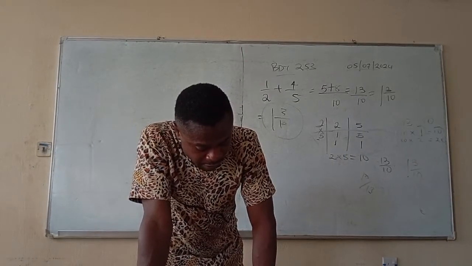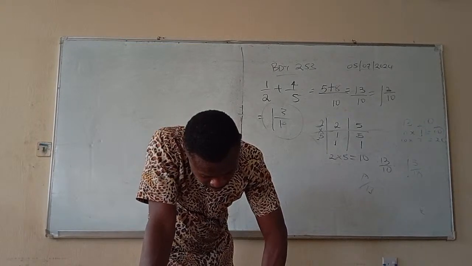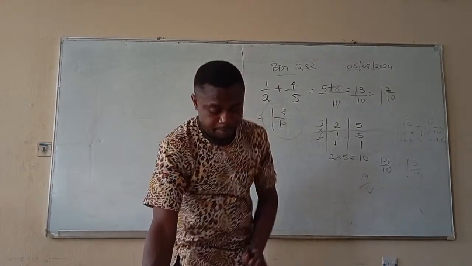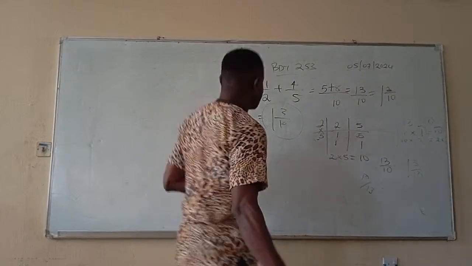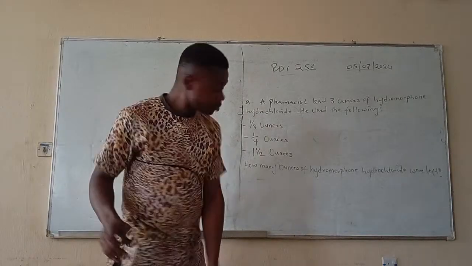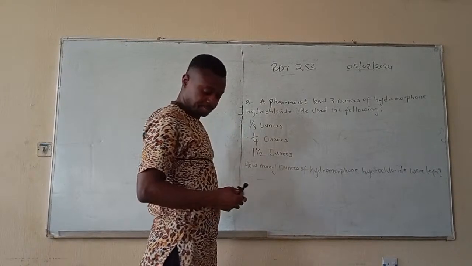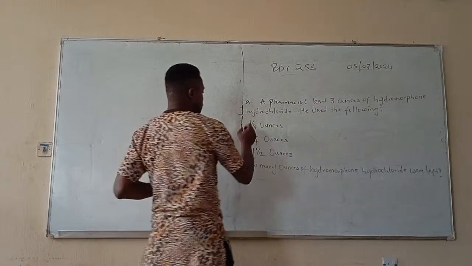Write this one. Just 1 over 8 ounce, 1 over 4 ounce, 1 over 2 ounce. How many ounces of hydromorphone?